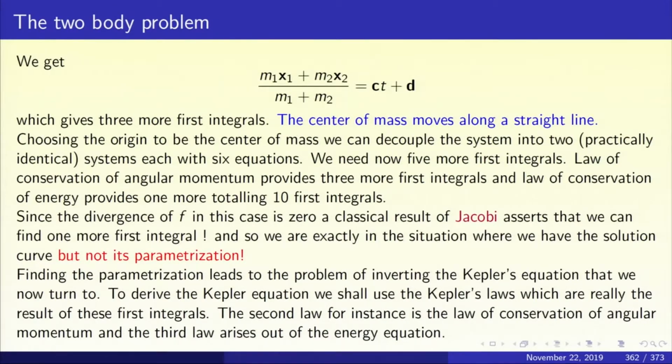In order to derive the Kepler equation, we are going to use Kepler's laws of planetary motion, because Kepler's laws of planetary motion are basically a consequence of the first integrals. The second law is basically a statement that the angular momentum is conserved. So let us begin by deriving the Kepler equation. For that, let us introduce a few terms.